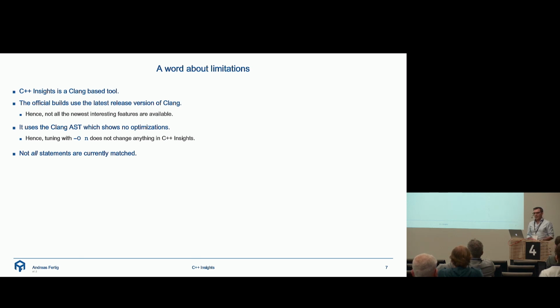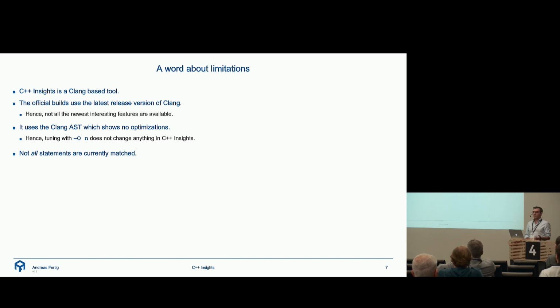What C++ Insights does is it uses the Clang AST, so the already processed C++ program, the abstract syntax tree Clang generates, and transforms that back into C++ code. As this AST is generated at an early stage in the front end, you will not see any effects of optimization.